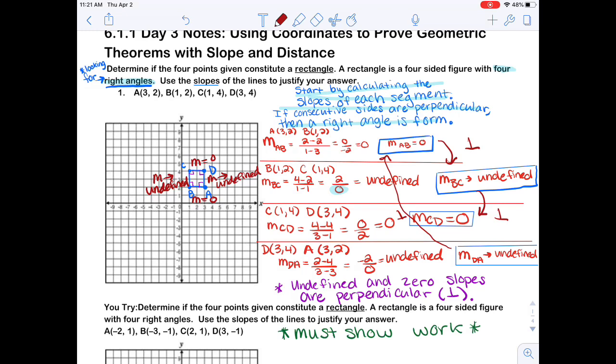So on this one, because undefined and 0 slopes are perpendicular to each other, we have proven that it is a rectangle because it has 4 right angles.